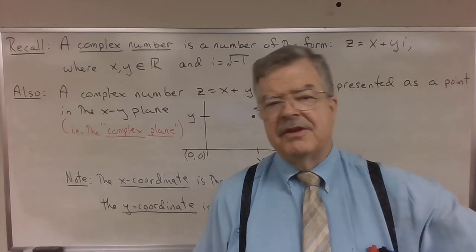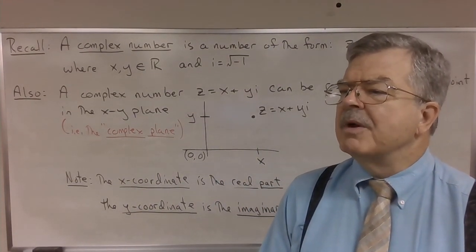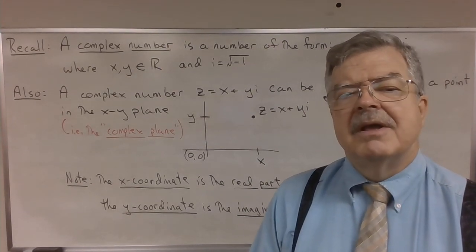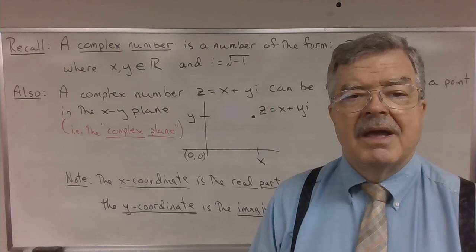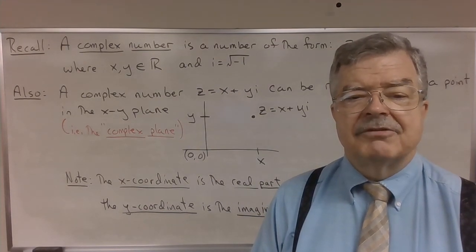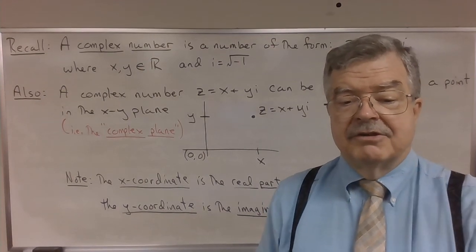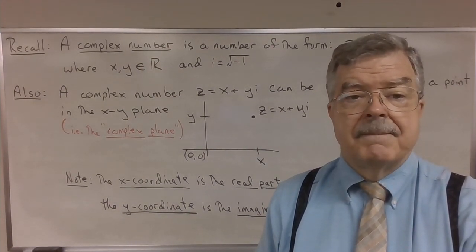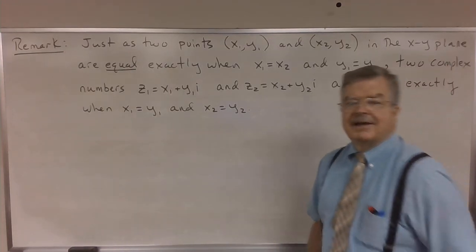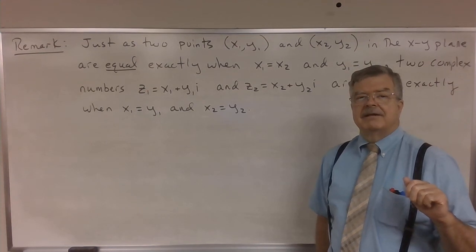Now I said this because I want to make a comment about complex numbers that I didn't make last time. It's probably obvious, but I want to make sure that I make the comment anyway, just so that I don't leave anything unsaid that needs to be said. Here's the point that I wanted to make.